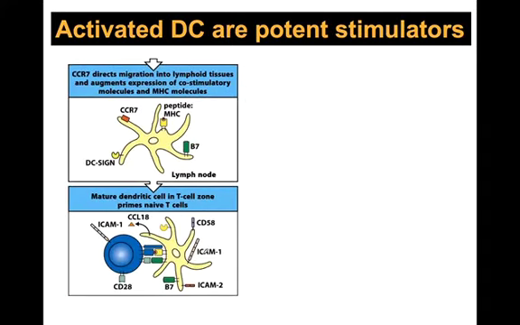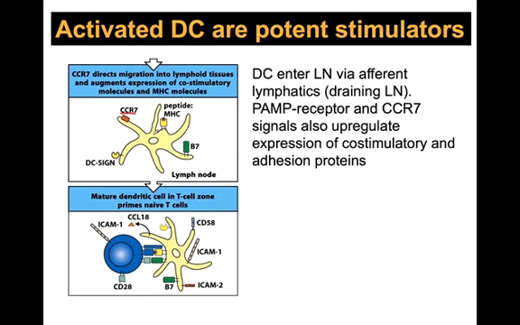Now, in the process of migrating to the lymph node, right, which is controlled by this protein CCR7, it's going to start doing a couple of other things. It enters through the afferent lymphatics, that's into the draining lymph node, and these PAMP receptors and CCR7 signals are going to tell that dendritic cell, you're going to start expressing costimulatory proteins and adhesion proteins.